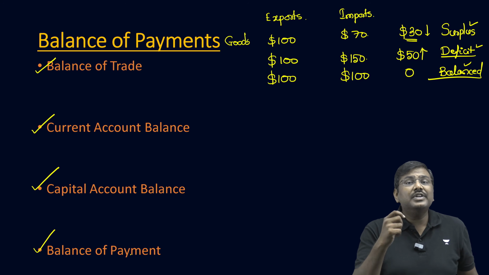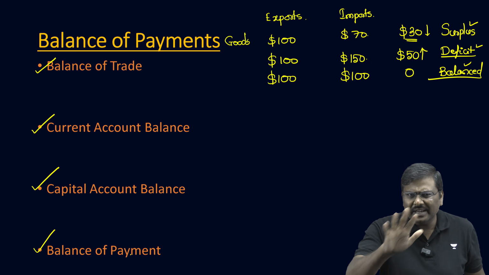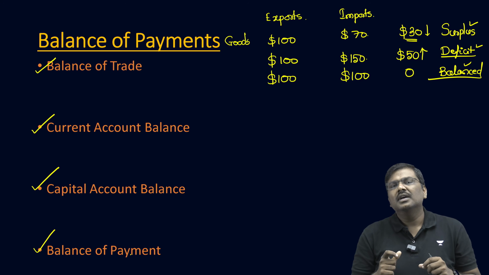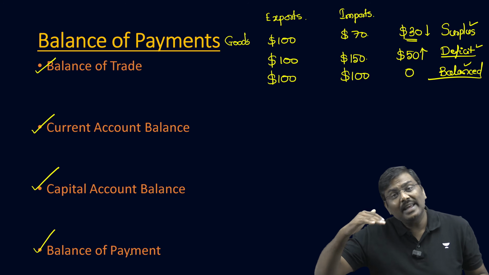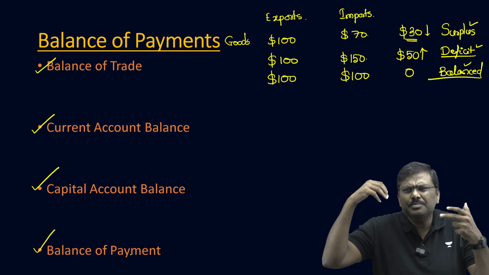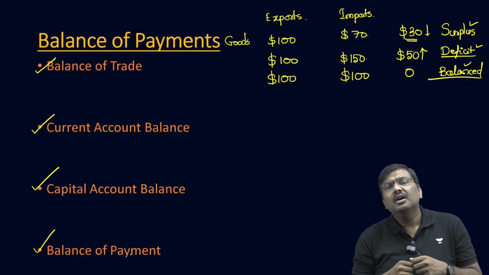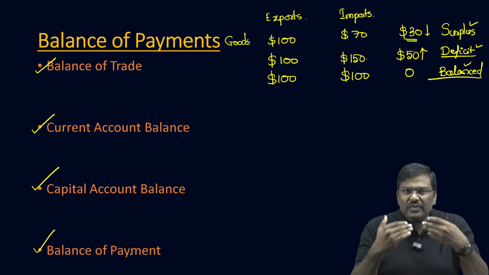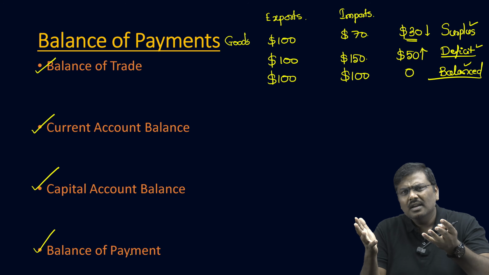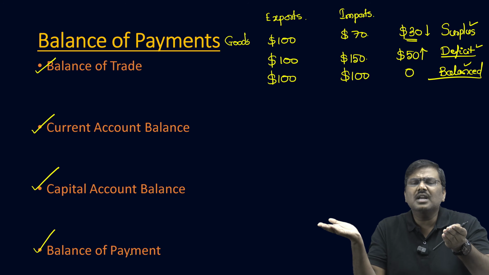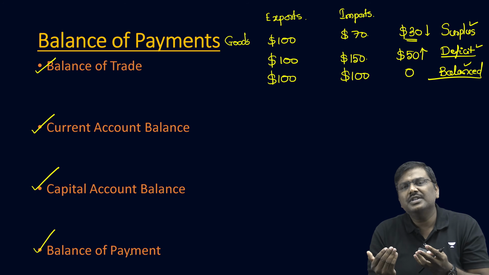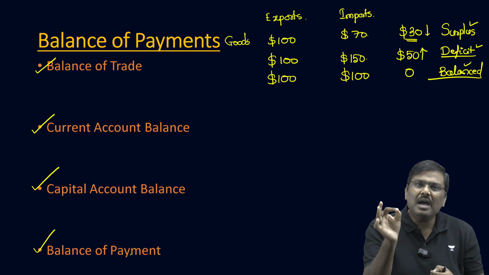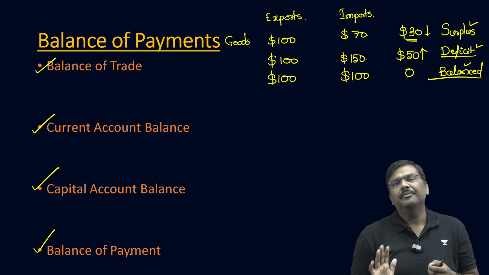So that is a balance of trade deficit, or trade deficit in simple terms. But if you look at goods as well as services, in case of goods there is a deficit in trade. We have a trade deficit. For services, we have a trade surplus. But the deficit in goods is so high that whatever surplus we receive in terms of services is not sufficient. As a result, overall we end up having a balance of trade deficit.